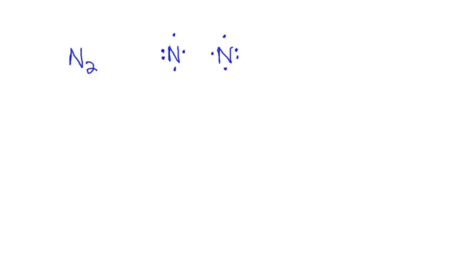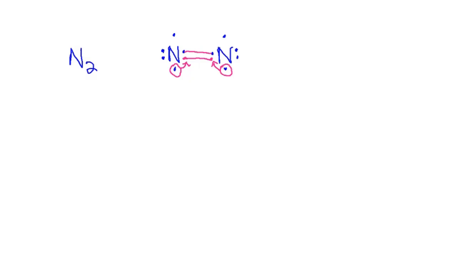Now, between the nitrogens, it's just a matter of connecting these dots. But then look, we have a lonely electron here and a lonely electron here. So these are going to fall into the middle, in between the 2 nitrogens, and they're going to bond right there.